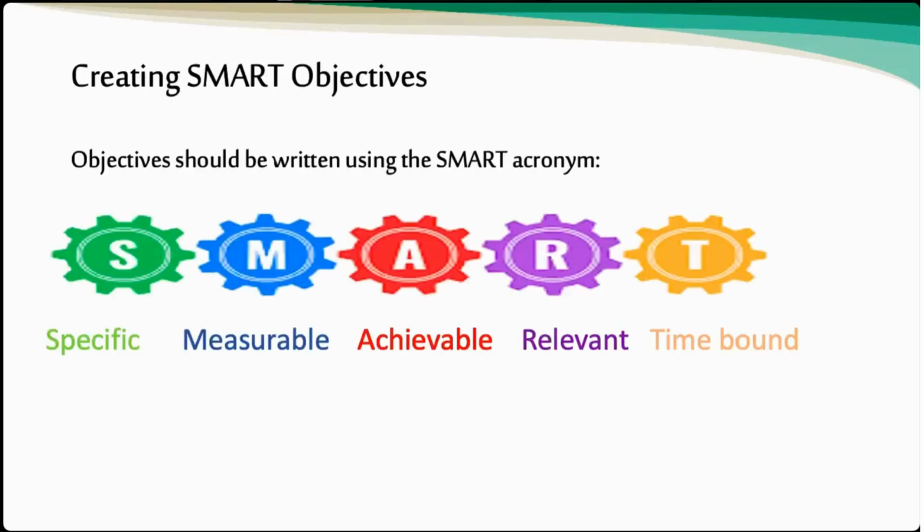Now we are moving to the objectives. The objectives should be written using the SMART acronym. What do we mean by SMART? SMART means S, specific, M, measurable, A, achievable, R, relevant, and T, time bound.